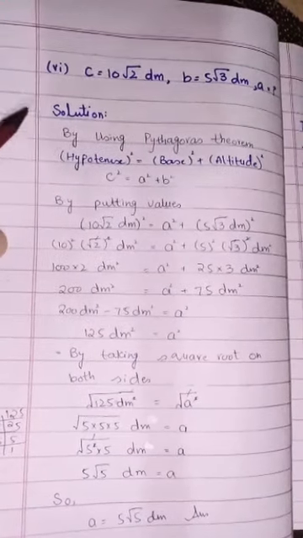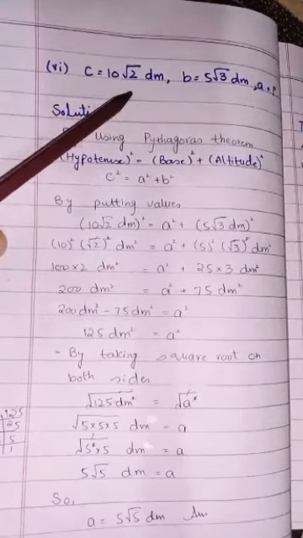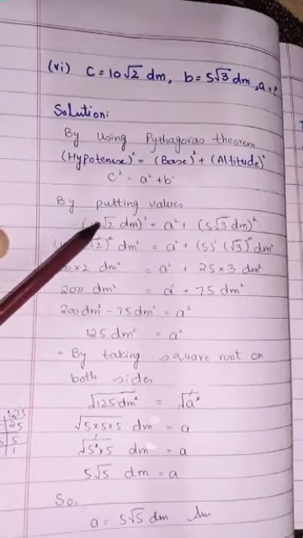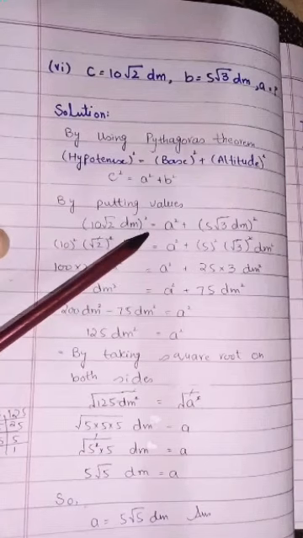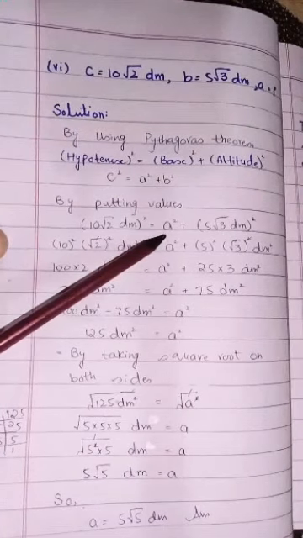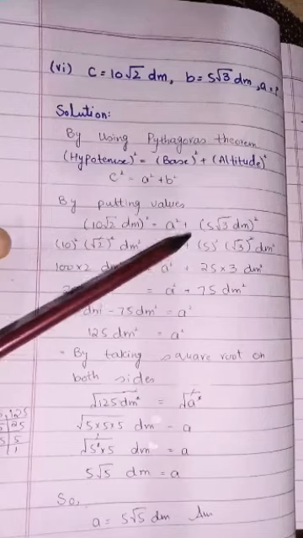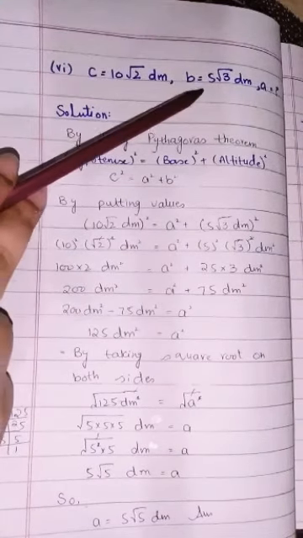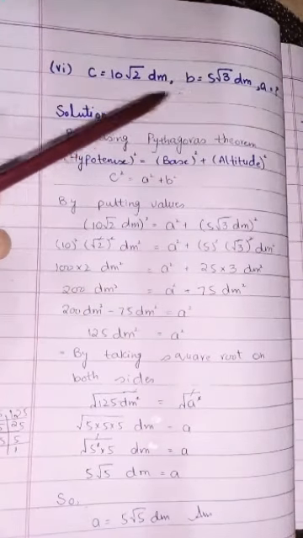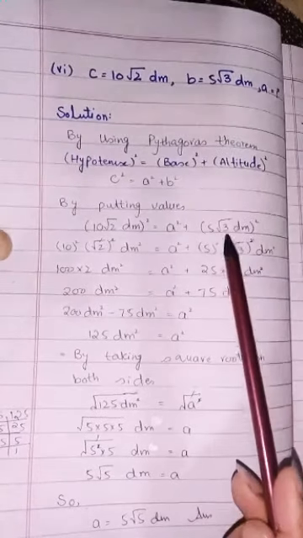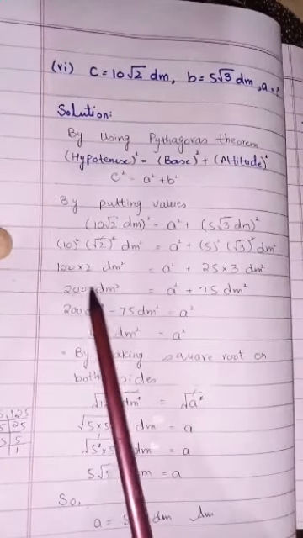By putting values, here c is equal to 10 square root 2 dm, so we will write 10 square root 2 dm whole square is equal to a square as it is, because we have to find out the value of a, plus we have 5 square root 3 dm value of b, so we will write 5 square root 3 dm whole square.